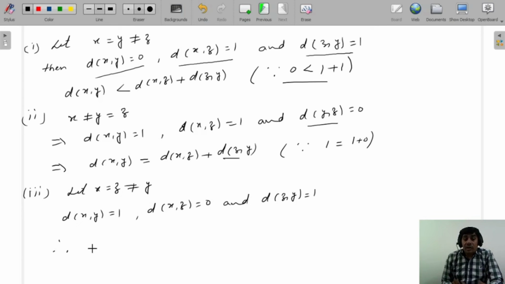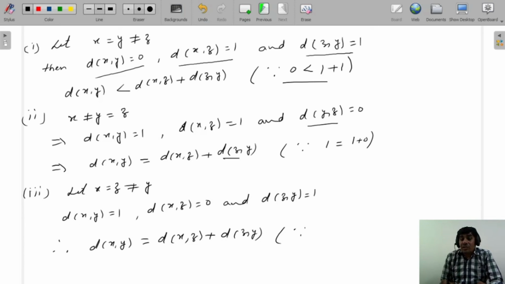Therefore, dxy is equal to dxz plus dzy, because distance between x and y is 1, which is equal to distance between x and z, which is 0, plus distance between z and y, which is 1. So, left hand side is 1, right hand side is 0 plus 1, which is also 1. So, in this case distance between x and y is equal to distance between x and z plus distance between z and y.